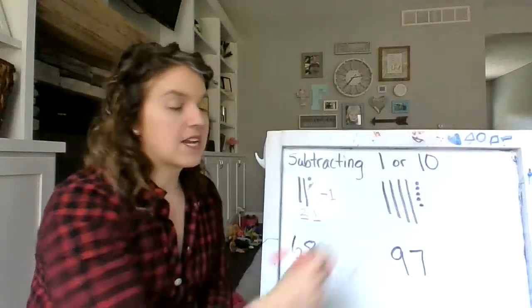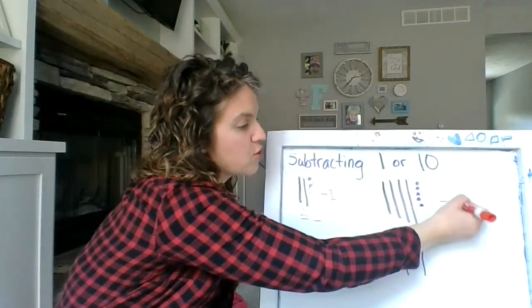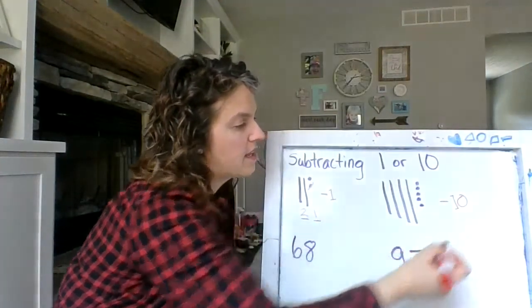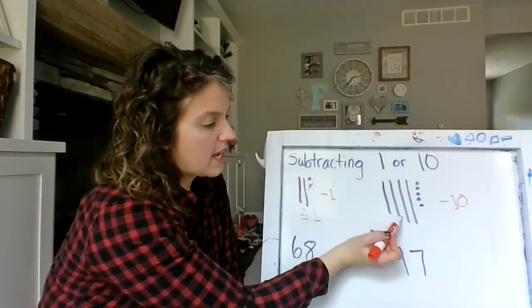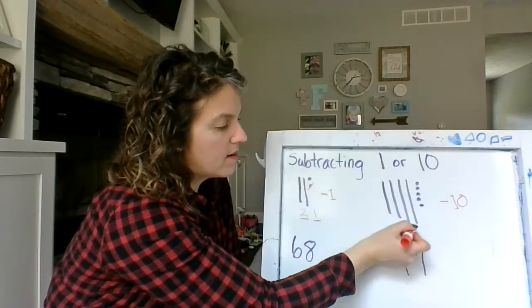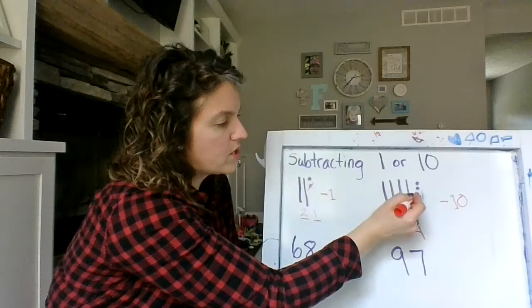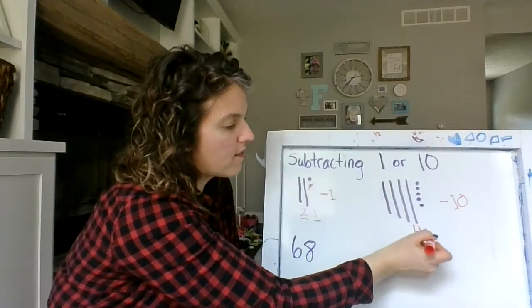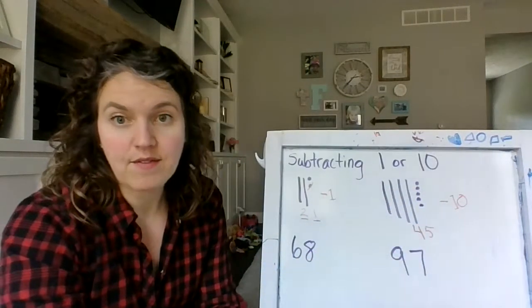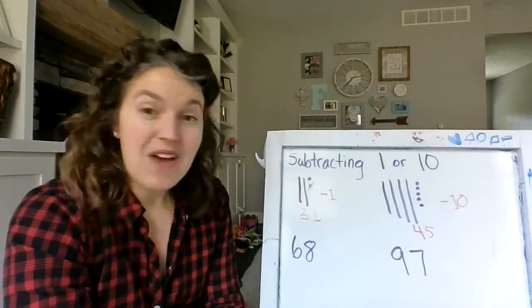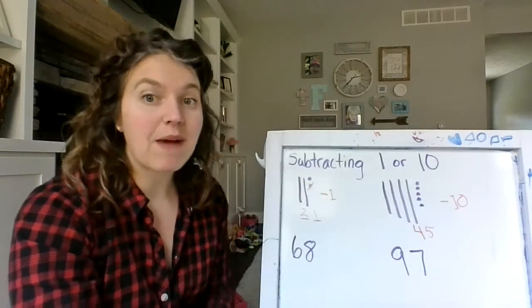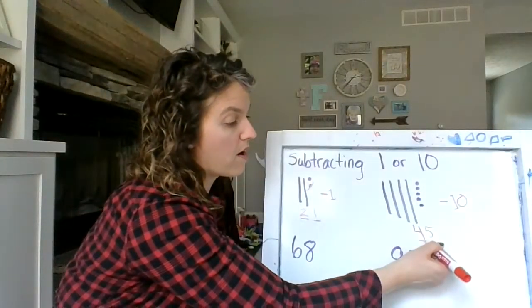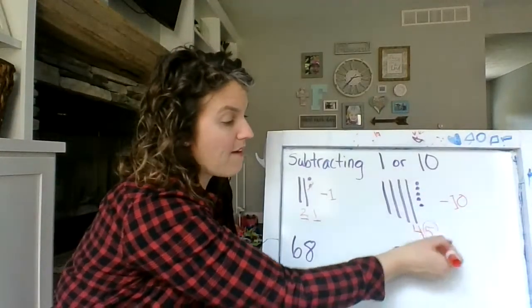All right, let's take a look over here. And this time we're going to subtract 10. I've got 10, 20, 30, 40, 41, 42, 43, 44, 45. 45. So, if I'm taking away a group of 10, am I going to be taking that away from the 4 or from the 5?